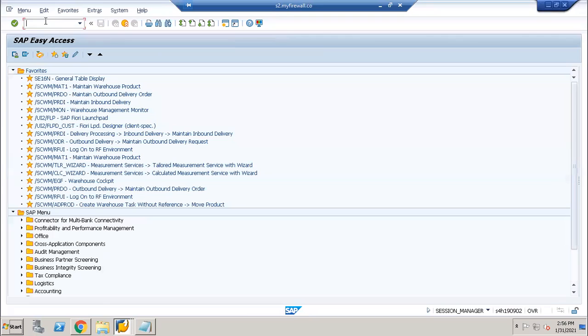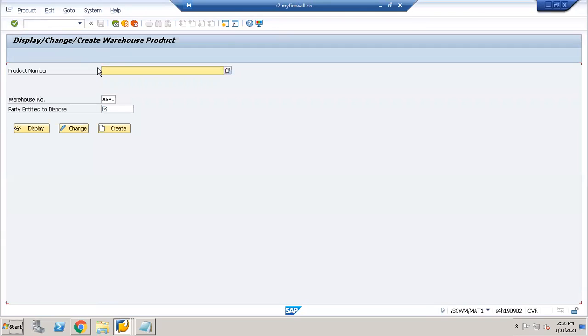Let us suppose that we have /n/SCWM, SCWM/MAT1. So we have a specific, let us suppose this 1710, warehouse number 1710.